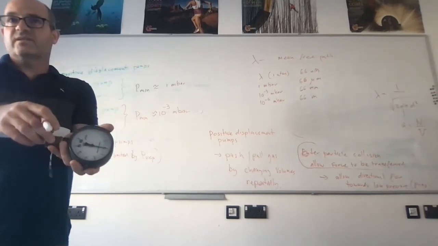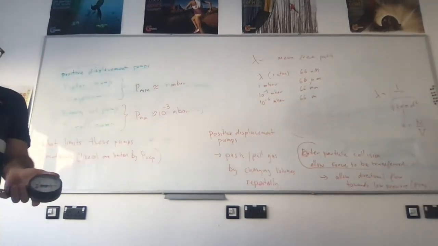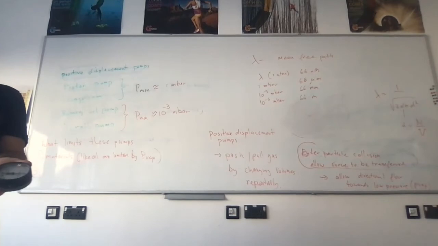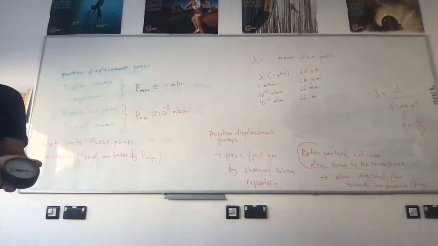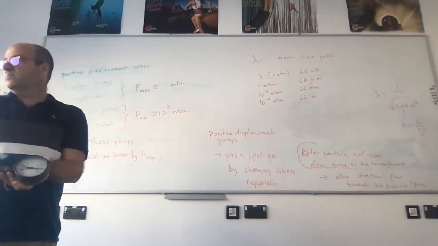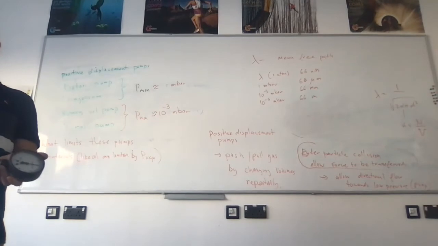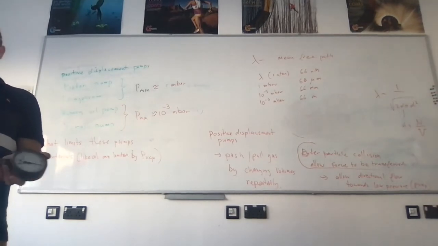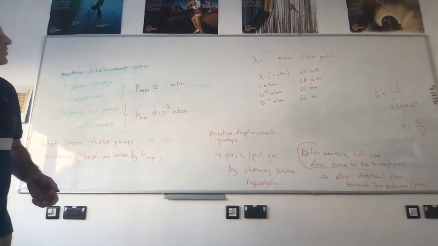The molecules bounce between the walls with the same chance of going from one wall to another without colliding as colliding. Collisions become so rare they could travel centimeters without colliding, so the ability to transfer forces is very limited. You're going to reach the door before someone tells you to reach the door. Does that make sense?